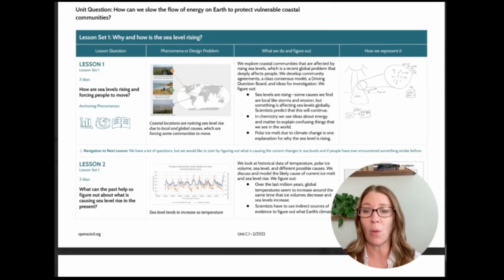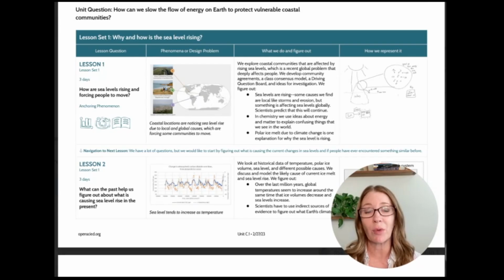Now, in lesson 1, we're going to answer the question, how are sea levels rising and forcing people to move? And so we look at 3 focal communities. One is in Louisiana, the other 2 are in Africa. One is Senegal, the other is Sierra Leone. We're going to watch some stories and some videos to help, first of all, put a human perspective to it and see what's happening to people in these areas, but also try to get students to start thinking about why this is happening.